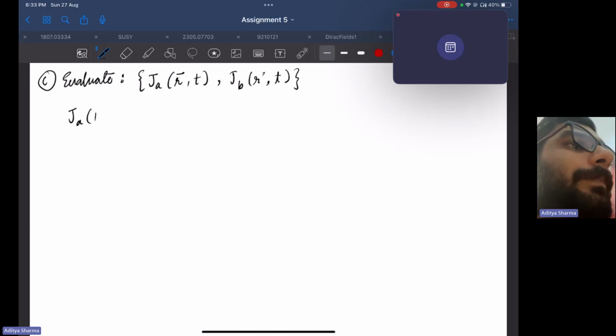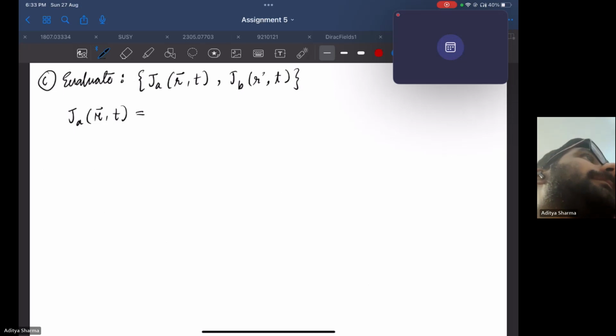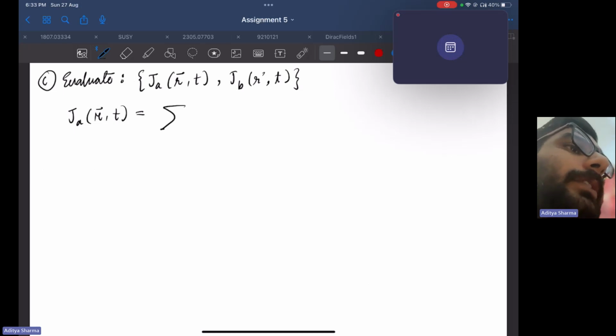Now, JA R vector comma T actually means that we have the summation over I. So let me not just put A here for now.